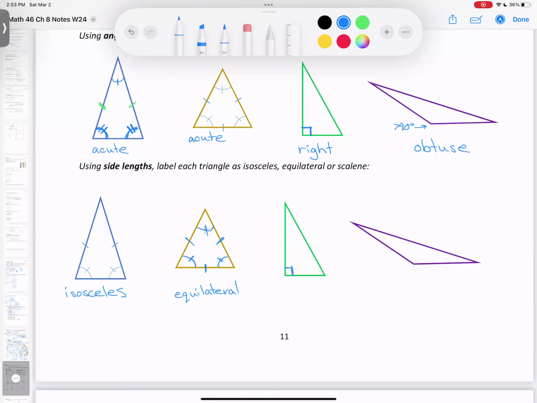In terms of side lengths, well, all three are different. So this would be a scalene. And the fourth one here, well, these two side lengths look similar, but we don't have any markings to tell us that they are. So I would call this scalene. They're probably just slightly different lengths.